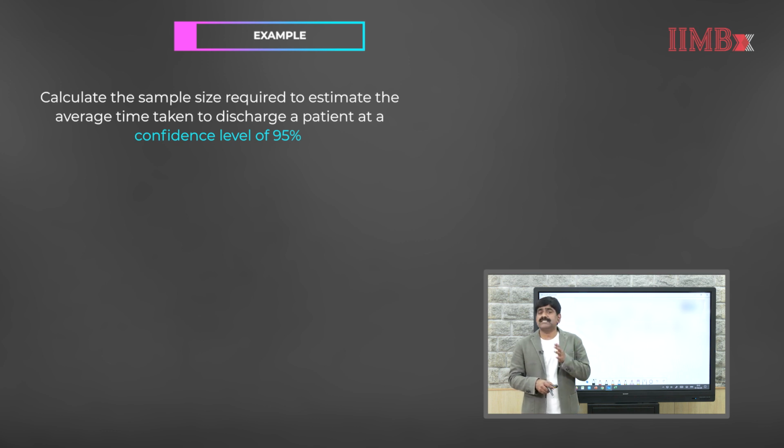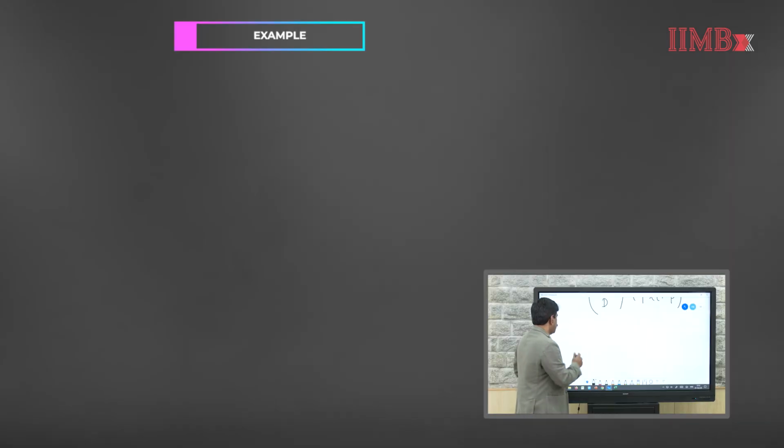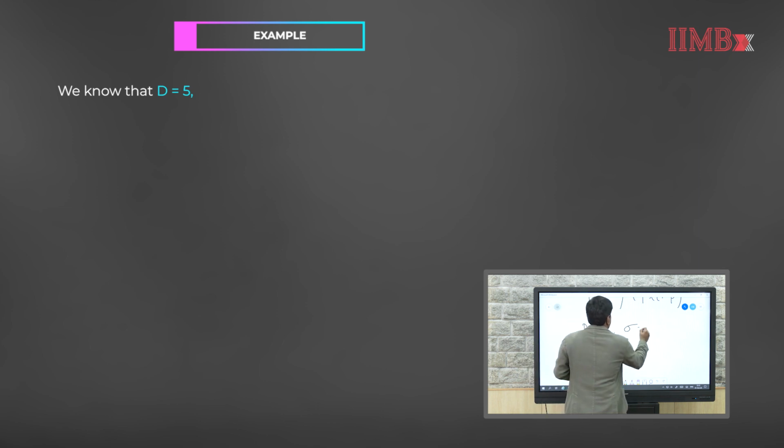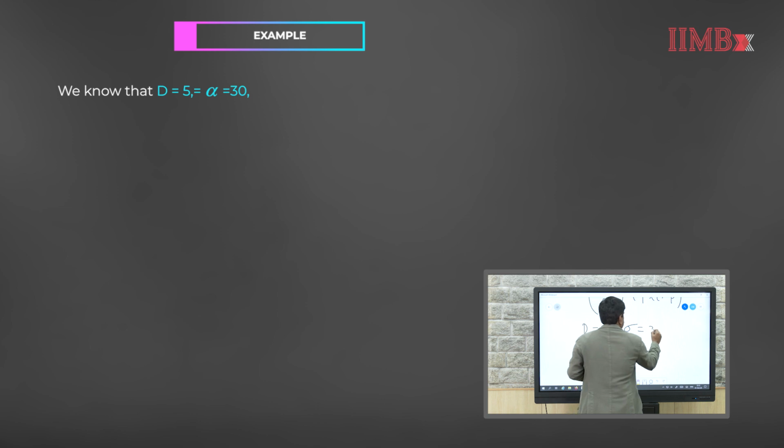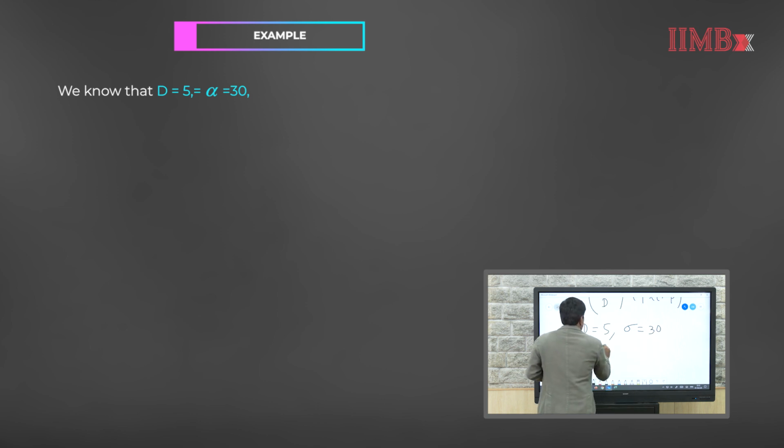Assume that the population standard deviation is 30 minutes. So, basically the value of d is 5. This is the maximum value, and we are assuming sigma, the standard deviation, is known and it is 30. And the value of alpha, we are taking that as 5%.